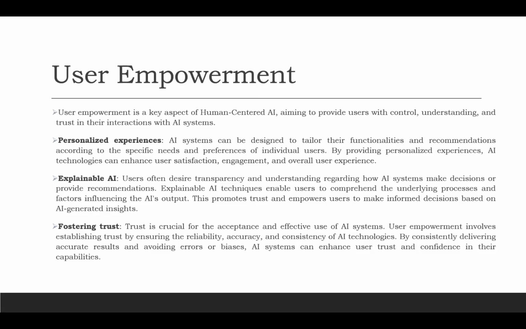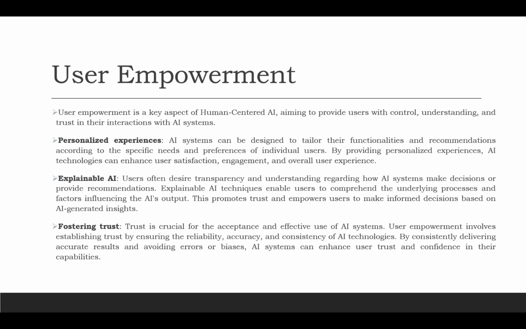Now, coming to user empowerment, it is a key aspect of human-centered AI. In terms of personalized experience, AI systems can be designed to tailor their functionalities and recommendations according to the specific needs and preferences of individual users. In terms of explainable AI, users often desire transparency and understanding regarding how AI systems make decisions or provide recommendations.